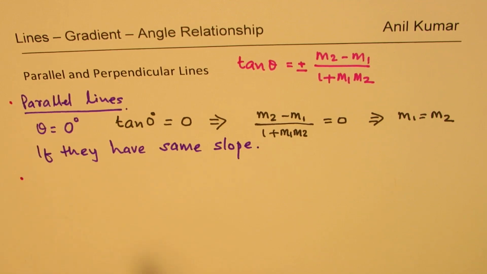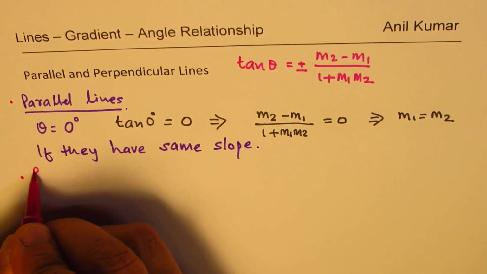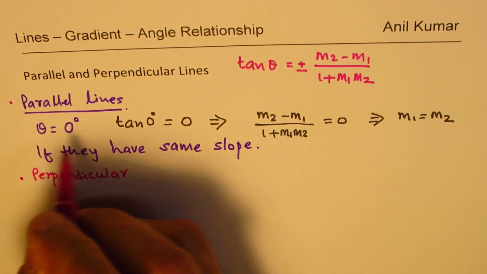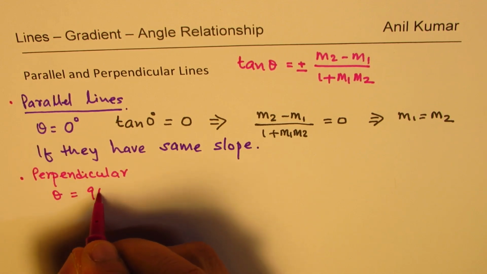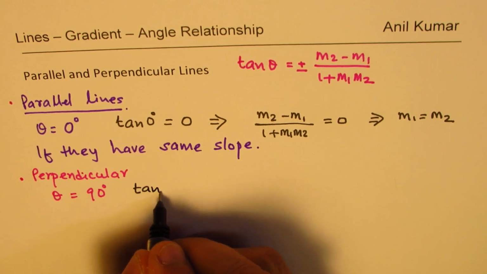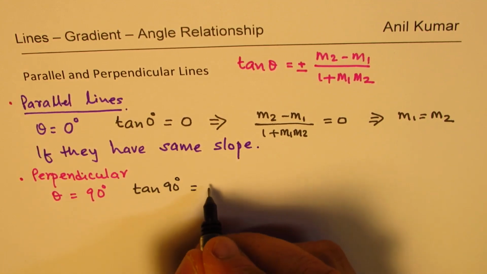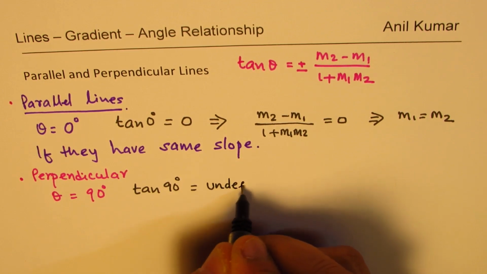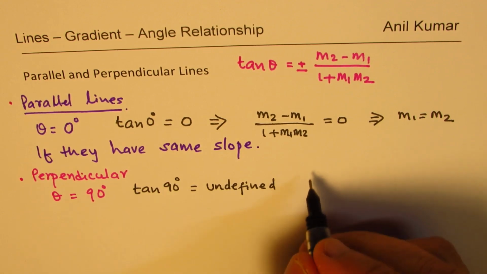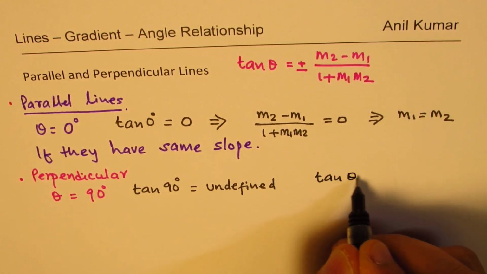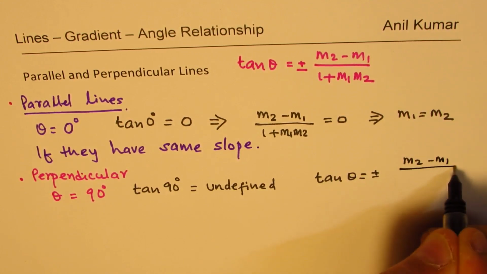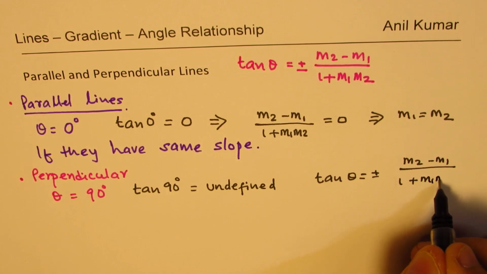In the second case, let's consider the perpendicular lines. Now when are they perpendicular? Perpendicular means theta equals 90 degrees, right? So the angle between them is 90 degrees. So in that case, what is tan of 90 degrees equal to? Well, that is undefined, right? So undefined means what? Well, we know that tan theta is equal to plus or minus (m2 minus m1) over (1 plus m1 m2).